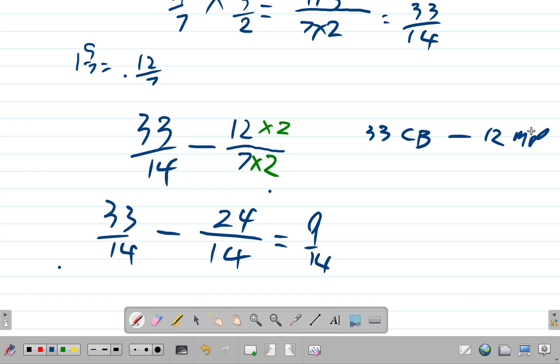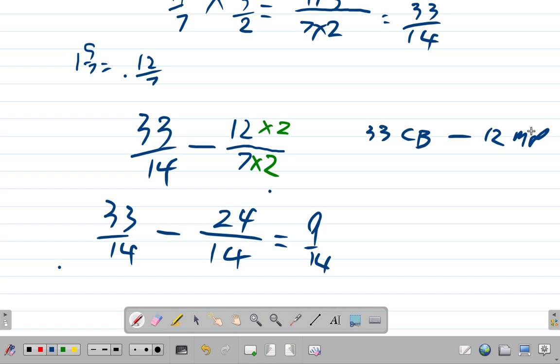You can't say 33 pounds of chicken back minus 12 pounds of mixed parts is 21 pounds of chicken back. Chicken back and mixed parts are different things. And you cannot say it gives you 21 pounds of mixed parts either.